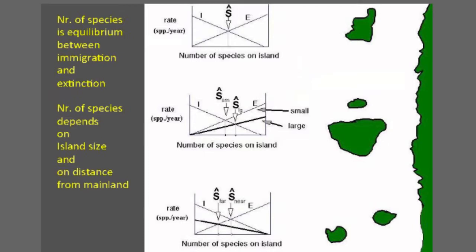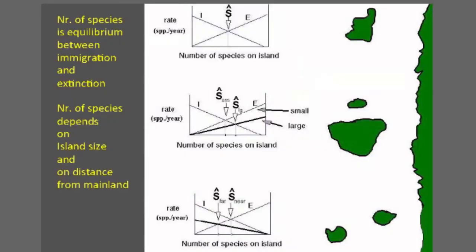So if a species is already there, and an individual of the same species arrives, then you don't count it. You count only new species. And therefore, with time, if you start with an empty island, the number of immigrating species goes down. And the extinction goes up. The more species you have, the more can go extinct.